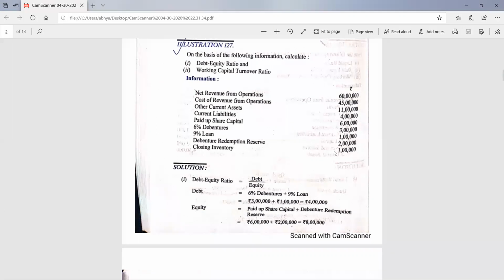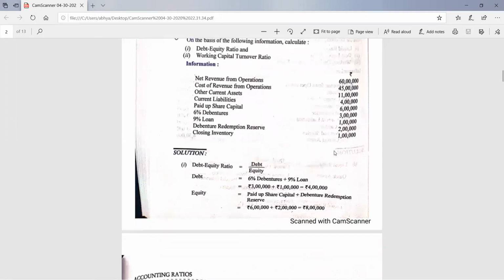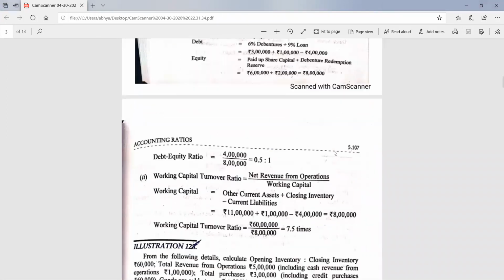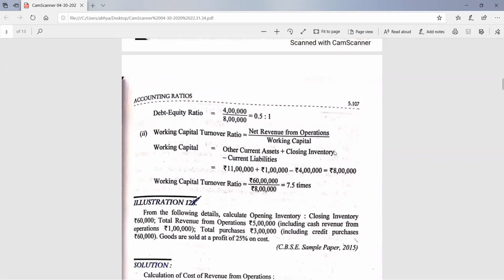So share capital here is 6 lakh. And surplus is 2 lakh. That is the reserve and surplus, DRR, debenture redemption reserve. 6 lakh plus 2 lakh, 8 lakh. So this question is very much easy. Debt upon equity, 4 lakh upon 8 lakh. That is 0.5:1.